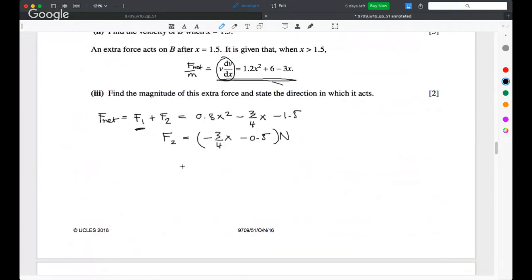So you'll say something like the magnitude. This is only one direction. We don't have to worry about different components. The magnitude is 3 over 4 x plus 0.5, and that should be 0.75 towards the origin.